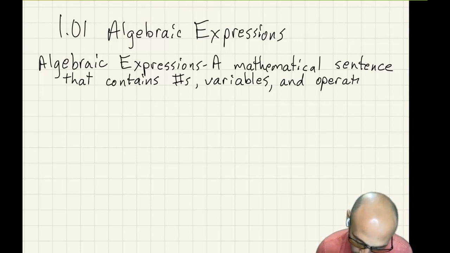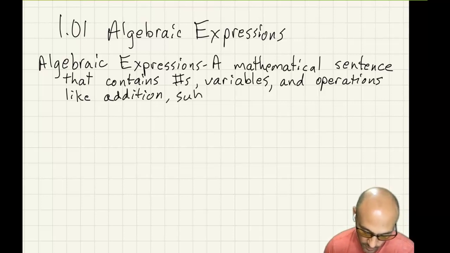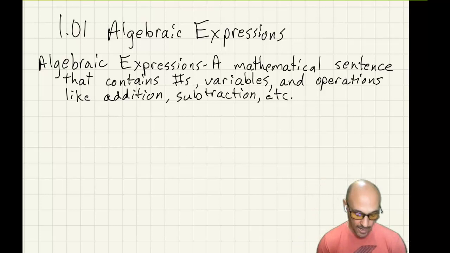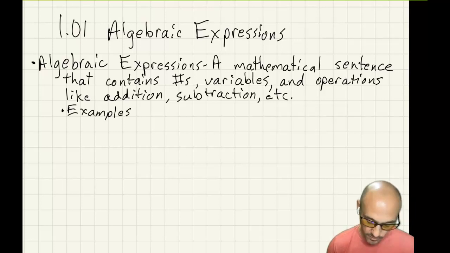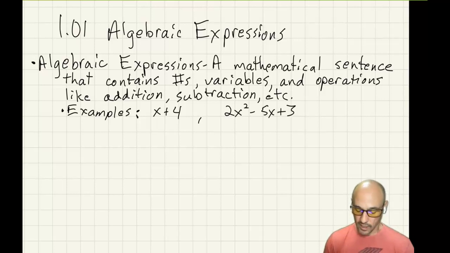And you might ask, well, what are the operations? Operations like addition, subtraction, etc. As an example, or I'll do a couple of examples: x plus 4, that's an algebraic expression. 2x squared minus 5x plus 3, that's an algebraic expression.